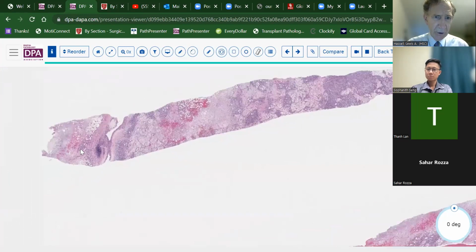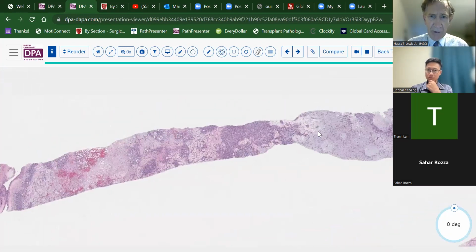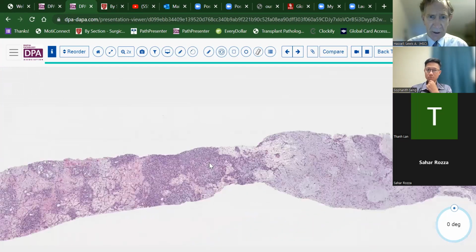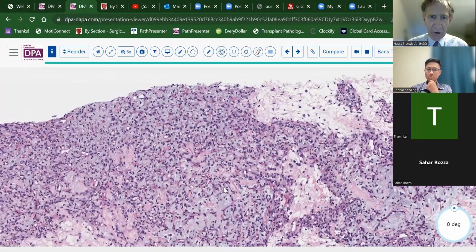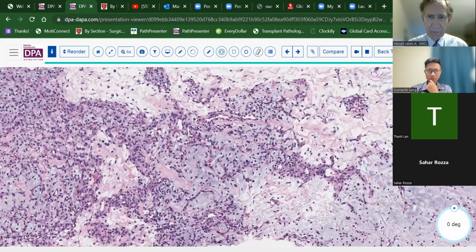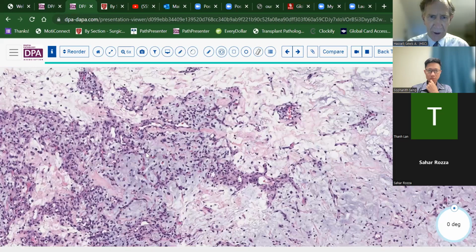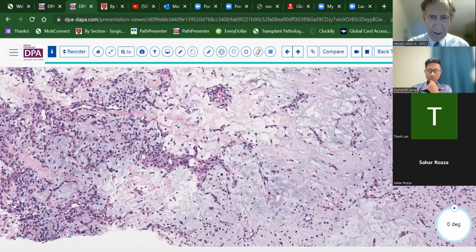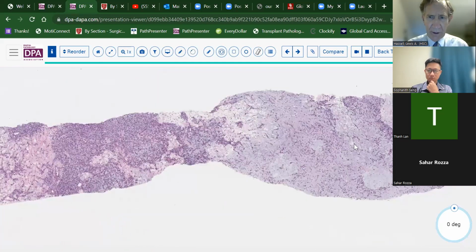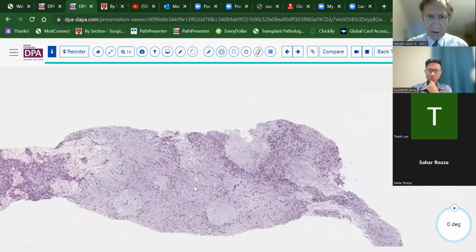Again, we're looking at being able to make a diagnosis so they can know kind of where to go with additional treatment. And this has a somewhat unusual pattern and architecture. We have this sort of lobularity to it with a lot of vessels. We have this intervening pale myxoid tissue, a little bit of collagenous tissue, and a lot of myxoid tissue here. So again, we're dealing with a myxoid lesion.